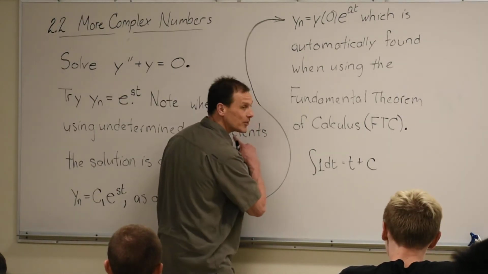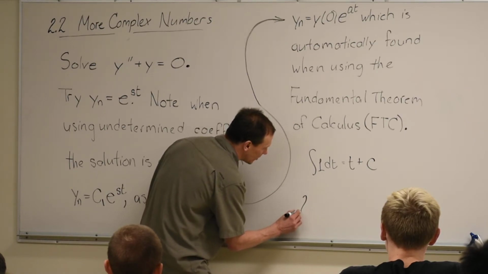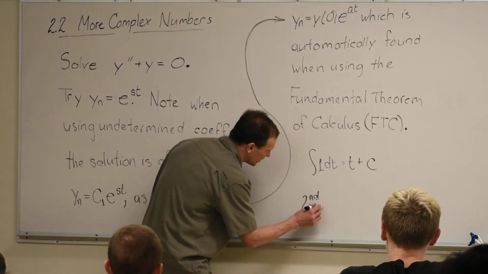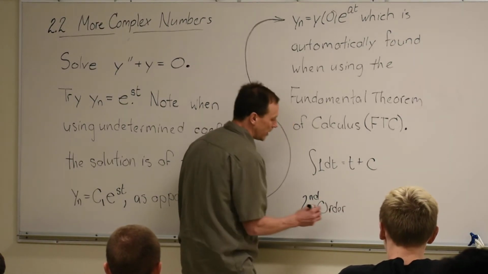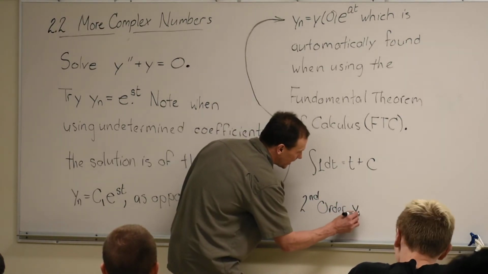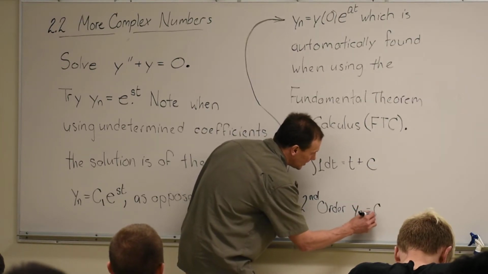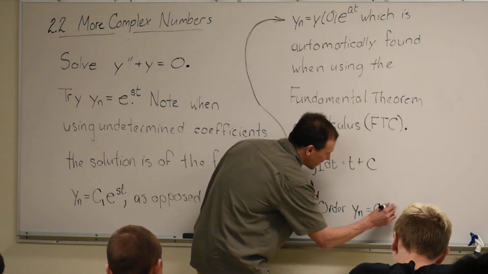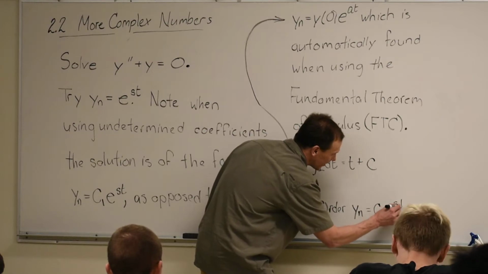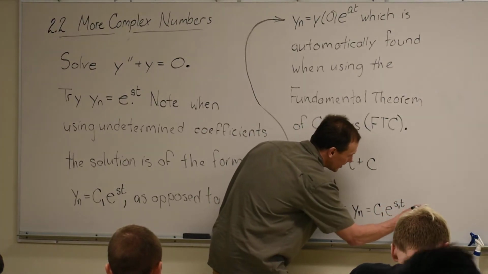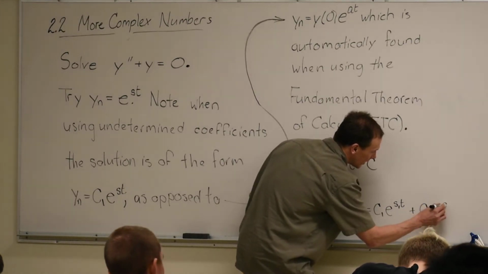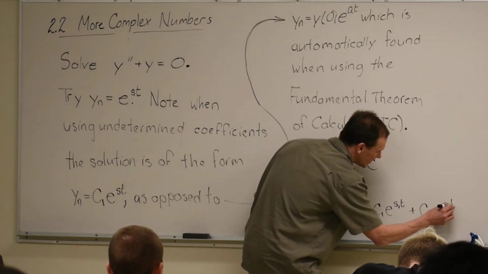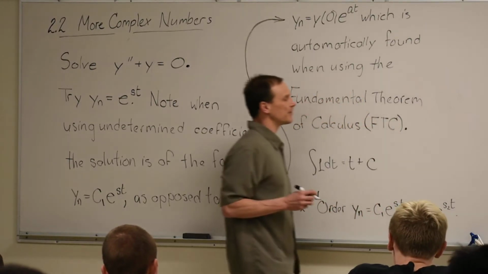So for a second order equation, we end up with a null solution y n equals C1 e to the S1 t plus C2 e to the S2 t. And we're going to see that in a moment.